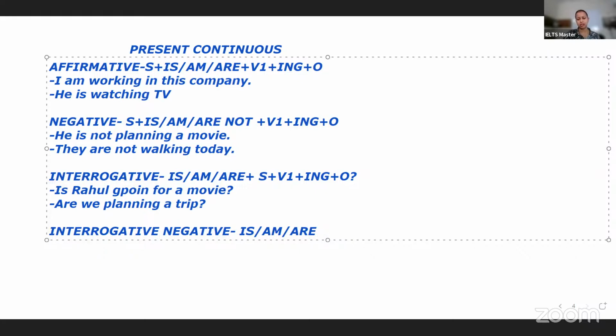We could say n't, not. We could say subject plus gerund plus object. Correct?